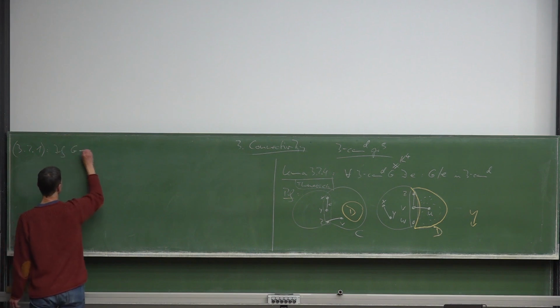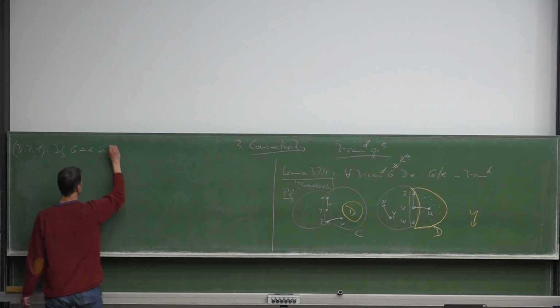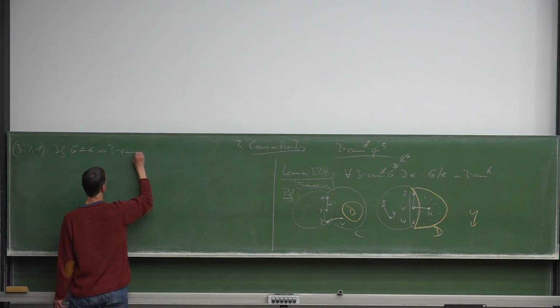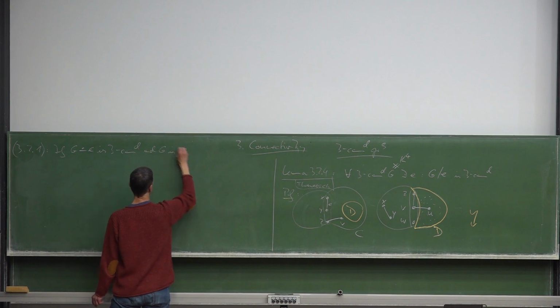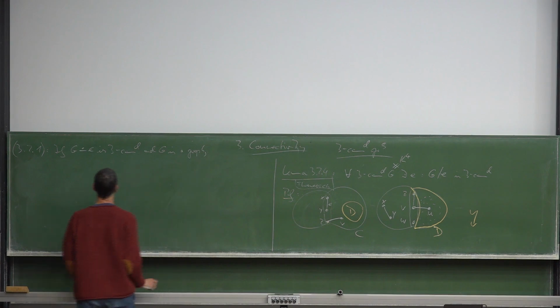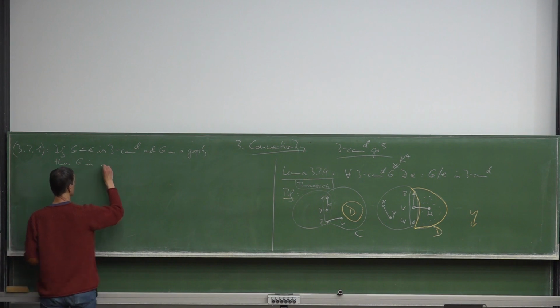If G minus with a dot E is 3-connected, and G is a graph, rather than any multigraph, then G was already 3-connected.